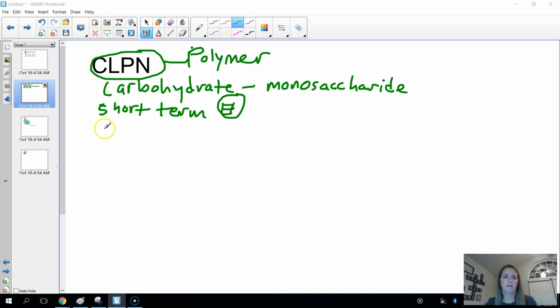The L, again, stands for lipid, and lipid is another name for fats, and their monomer is a fatty acid or fatty acids and glycerol.